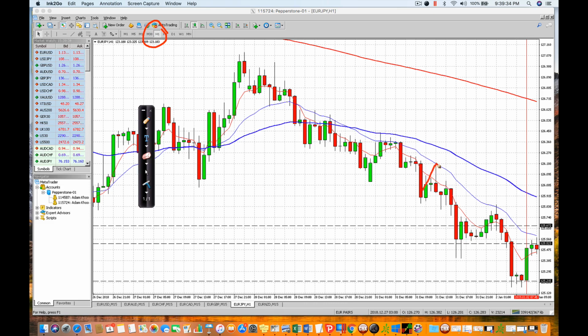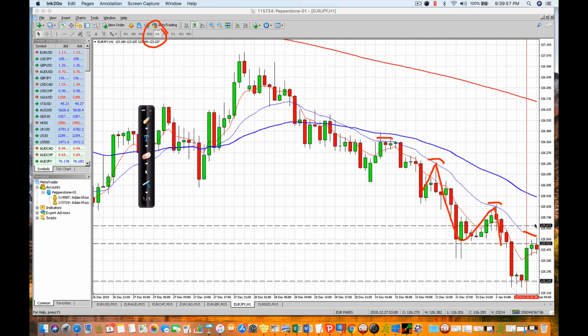The resistance is here, boom, boom, right? It is at the blue line, the 18 EMA. You can see that the 18 has acted as a strong resistance. So my stop loss, which I drew earlier, is above this line as well. So I want to make sure that my stop loss is protected.